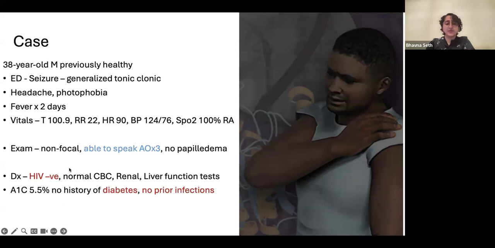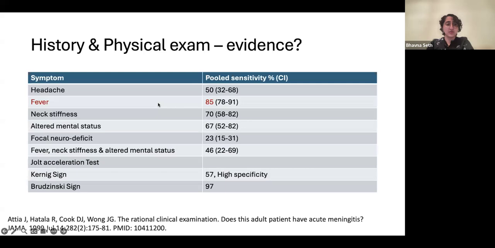In terms of the initial diagnostic evaluation, he was not immunocompromised, had no organ dysfunction, and no prior infections or exposures. So overall, some highlights of fever, seizure, and a headache with photophobia. While this may be many other differentials, one diagnostic imperative, as we mentioned, should be meningitis or encephalitis.